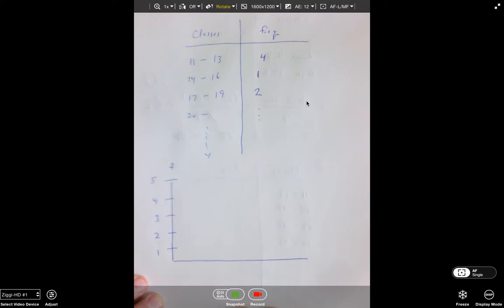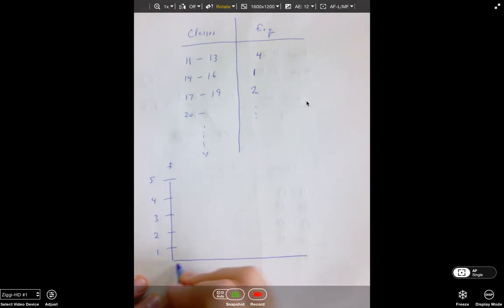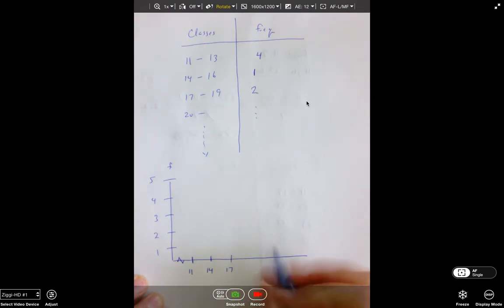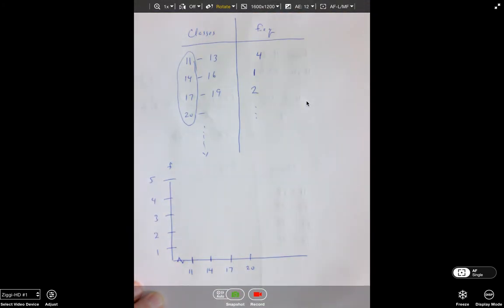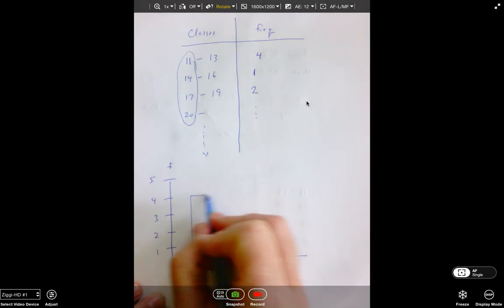And on the horizontal axis, since we're breaking up the scale, I would break that up accordingly. I would start here with an 11. The next thing I would put is a 14. And I would put a 17. And I would put all of the left endpoints on the horizontal axis. So between 11 and up to 14, I would bring the height of the bar up to a 4.